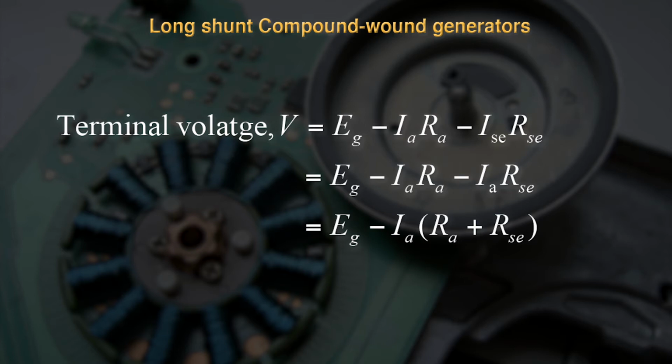As you know, this current ISE is equal to IA, because this series field winding is connected in series with the armature. So you can write ISE is equal to IA. So the terminal voltage can be written as Eg minus IA in brackets RA plus RSE.